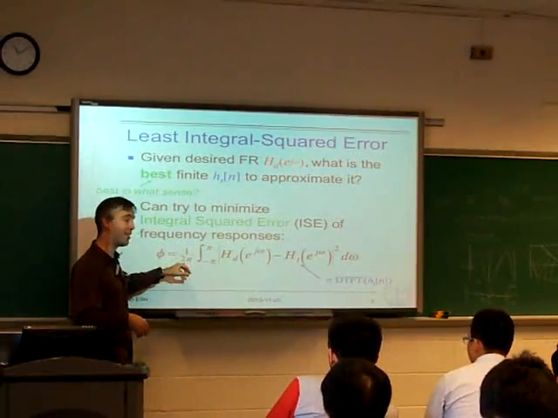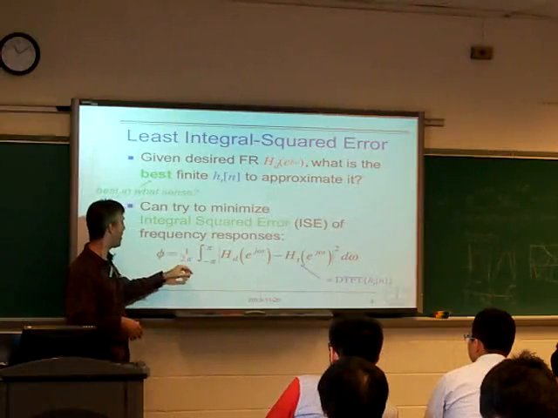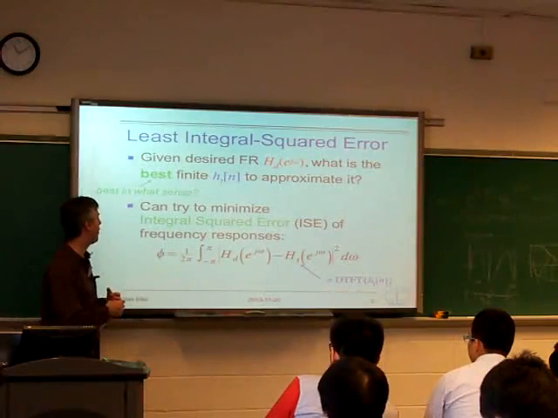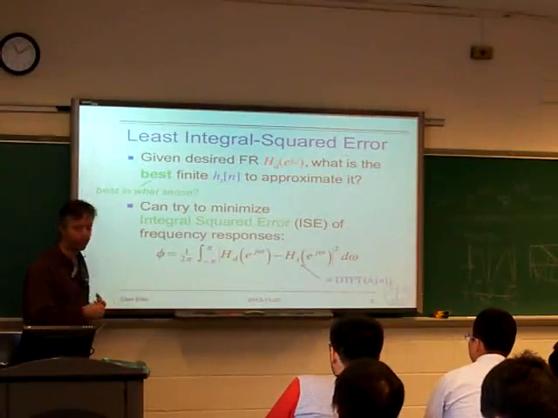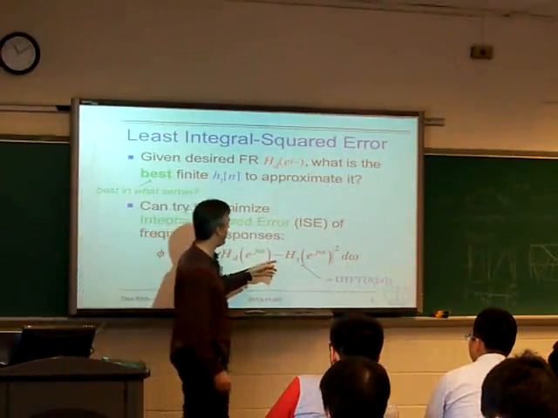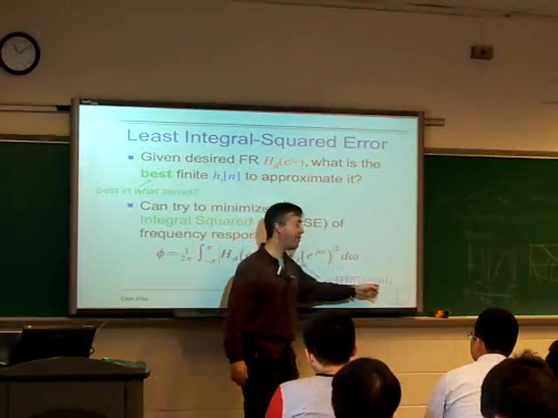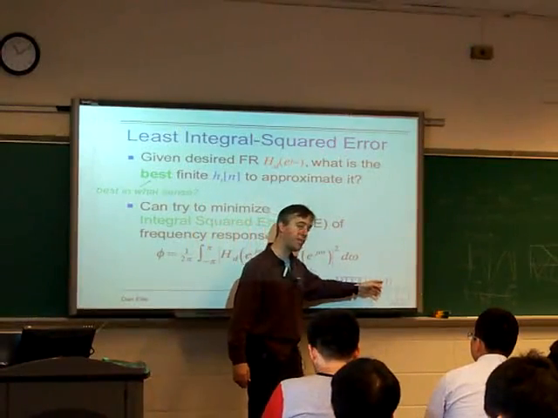We could normalize it so it becomes per frequency unit, and then we could call that phi, the integral squared error.